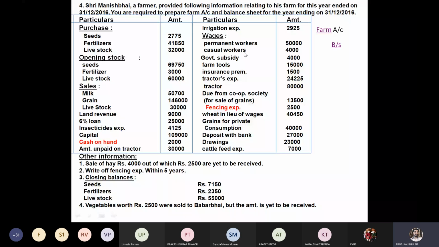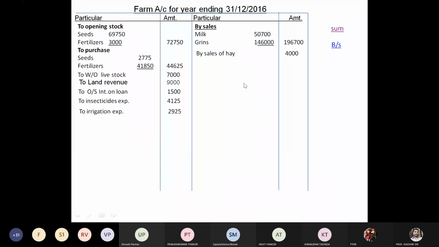So as expenditures, irrigation expenses and wages will be written on the debit side of the farm accounts. Go to the farm account. Irrigation expenses, wages, permanent workers and casual workers.